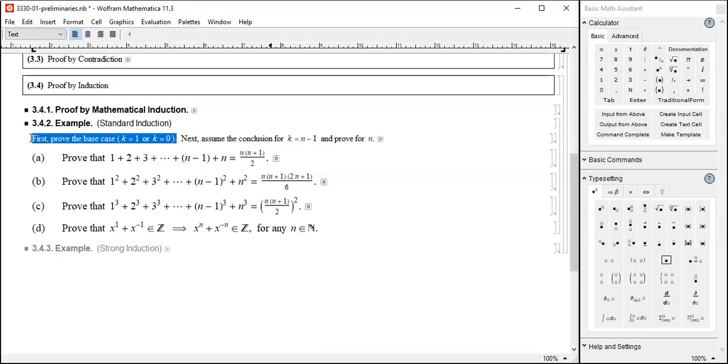Sorry about that. For arbitrary positive integers, start from k equals 1. And for a statement for arbitrary non-negative integers, start from k equals 0, because that is the starting point. Next, we assume the conclusion is true for n-1 and prove it for n.